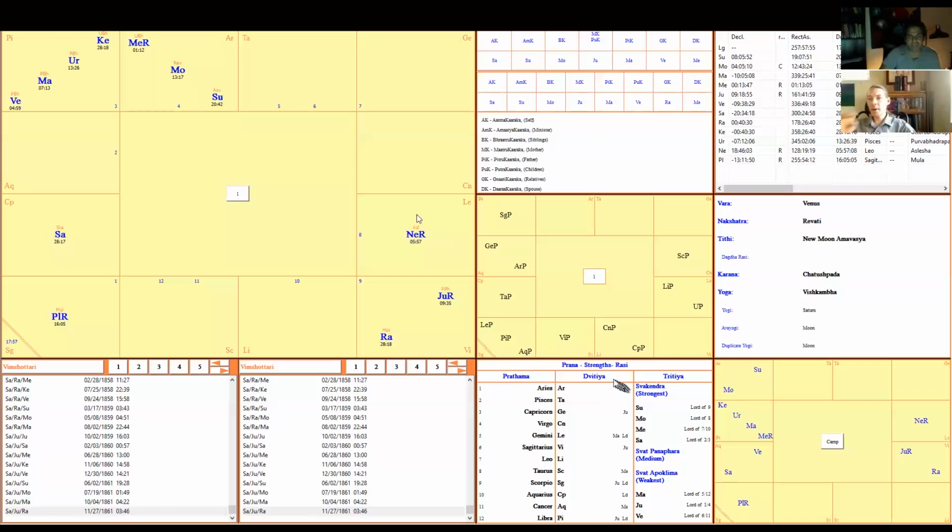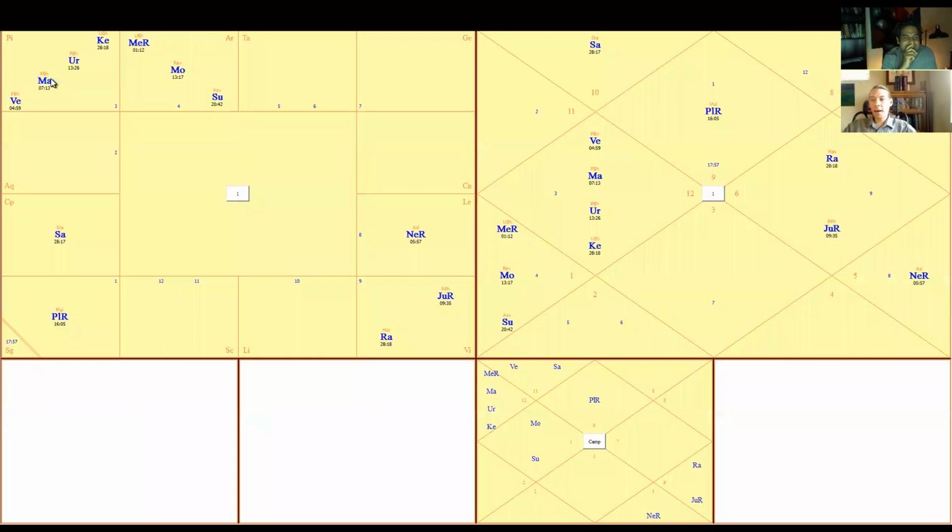All right, so you can see my screen now? Yeah. This is a chart of Hahnemann. Are you able to make this a North Indian style? Yeah, I've got both. So this is Samuel Hahnemann, the doctor who developed homeopathy. He has a Moon-Mercury conjunction.